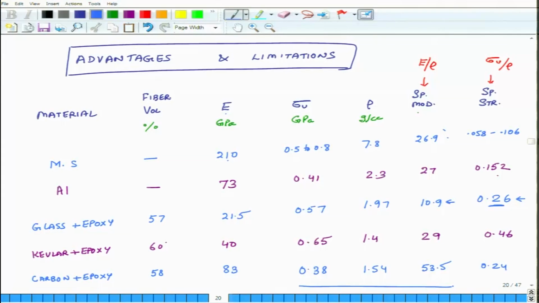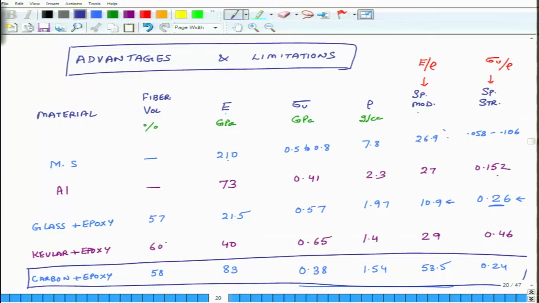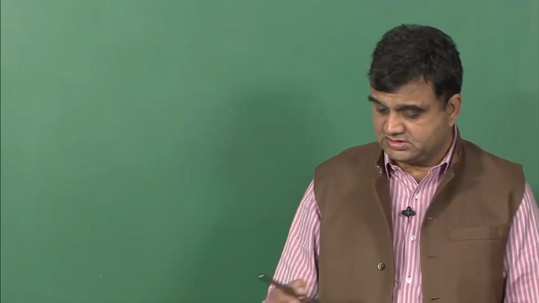And if you look at this table, it is for this reason. If you look at carbon epoxy composite, for the same amount of mass, it gives you a lot of stiffness and it also gives you a lot of strength. And that is one very strong reason that in aircraft, where you want to reduce the mass without reducing the stiffness or the strength of the structure, people often use carbon plus epoxy composites.